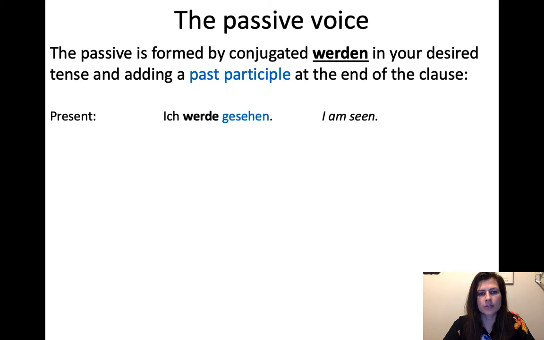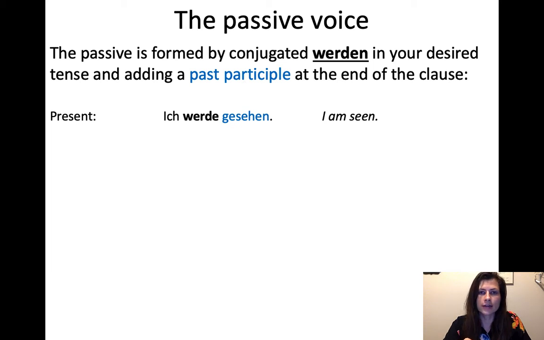So it's a combination of werden plus your past participle. And so this is often confused with the future. We just did the future not too long ago, and we saw that the future is a combination of werden plus the infinitive at the end of the sentence. So werden plus infinitive is the future, but werden plus past participle is a passive.